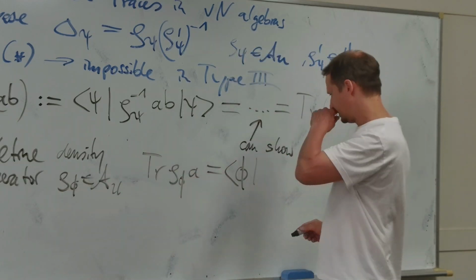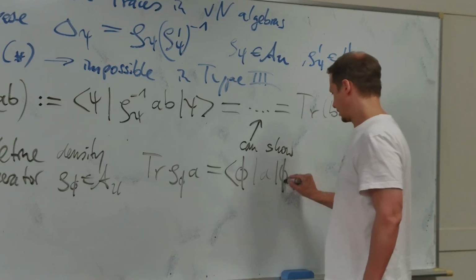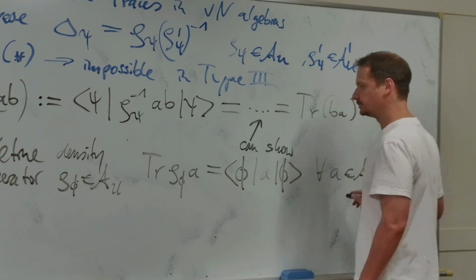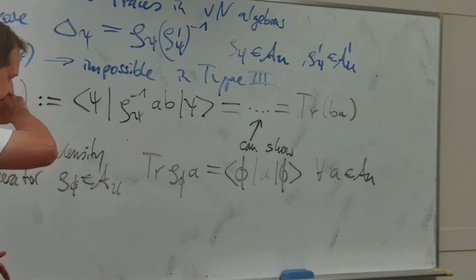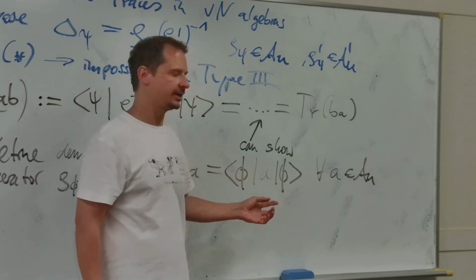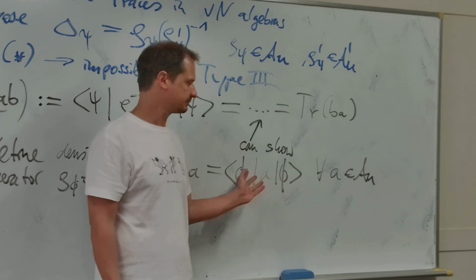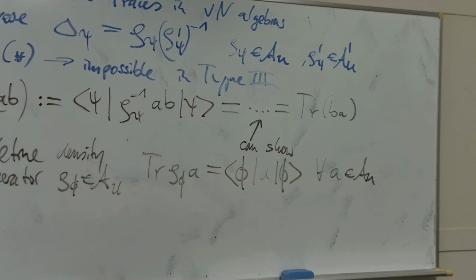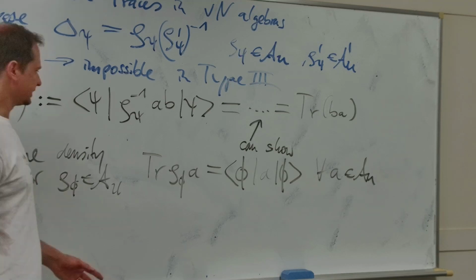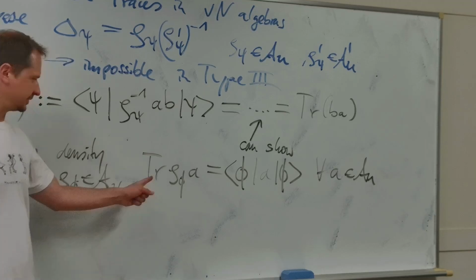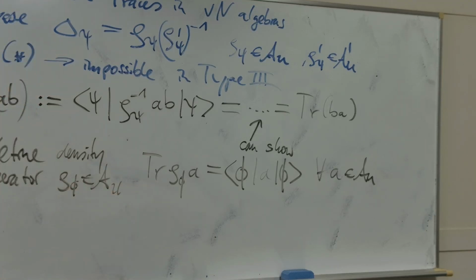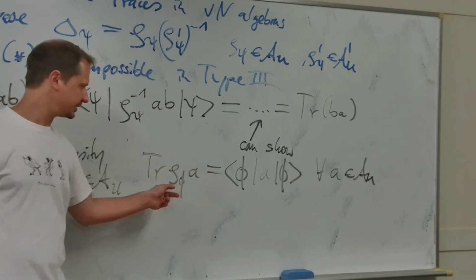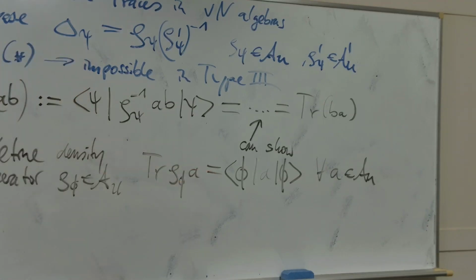And what I want is that this holds for all a in A_U. This here is of course well defined. So I have some regional algebra, and I can compute the expectation values of elements in any global state phi. And what I want is that the density operator, so the trace is now only defined on that algebra A_U. So I'm looking for an element in the algebra such that it reproduces the expectation values for all a. That's how you can define that.